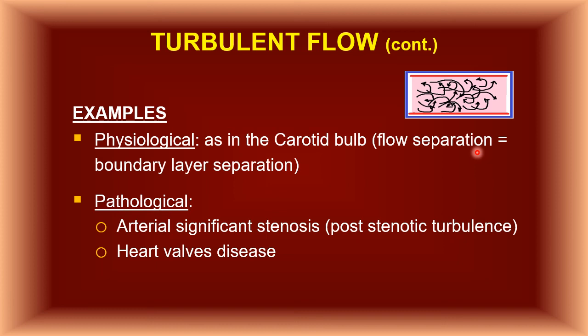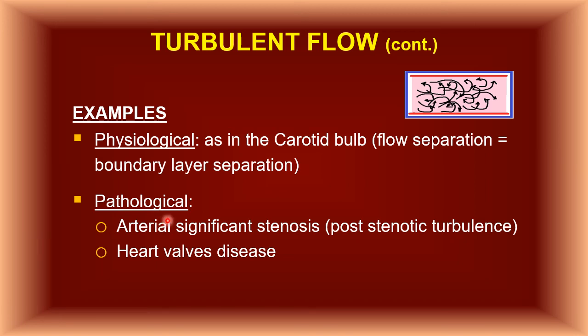The carotid bulb is a famous example of physiological turbulent flow. Somebody might ask you, if you have turbulent flow, does it always mean there is a pathology? No. Sometimes it happens naturally.